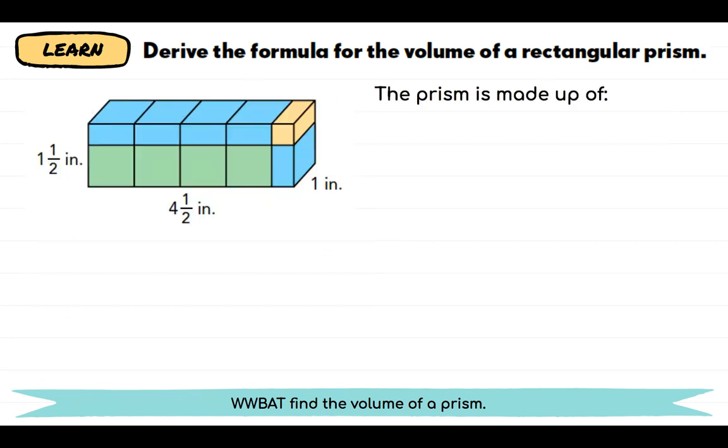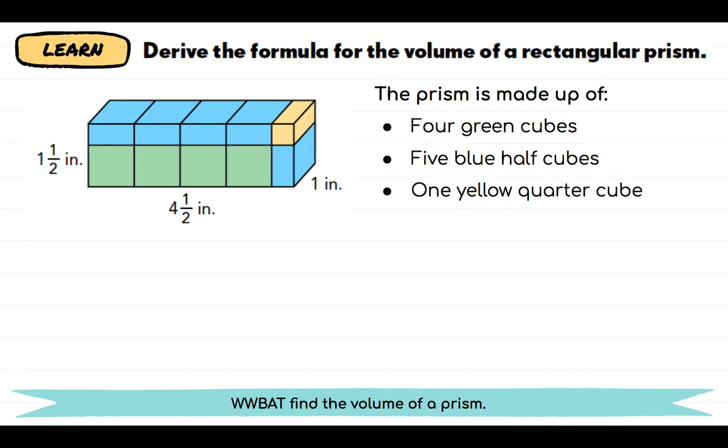So you can see that this prism is made up of 4 green cubes, 5 blue half cubes, and 1 yellow quarter cube. Again, it's 4 green cubes. These are 1 cubic inch each.